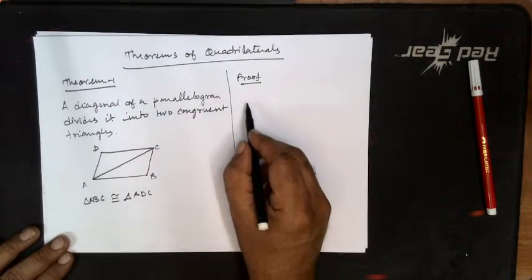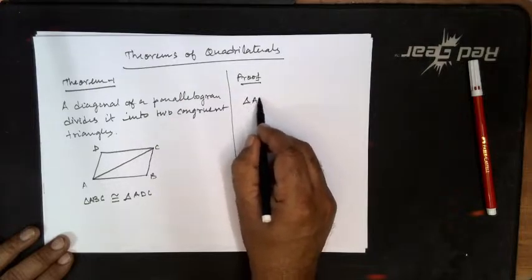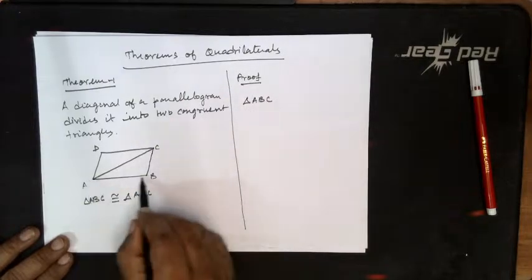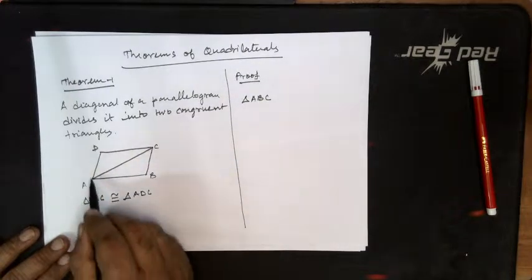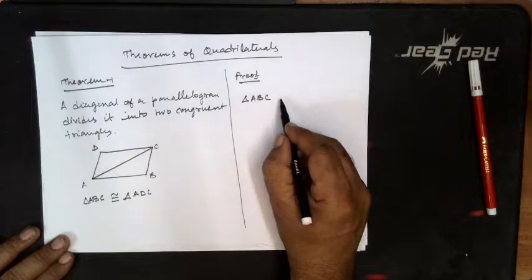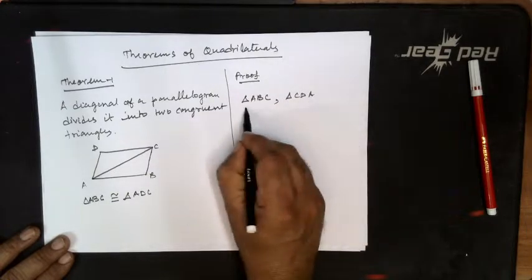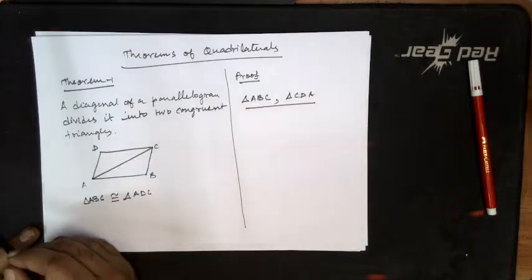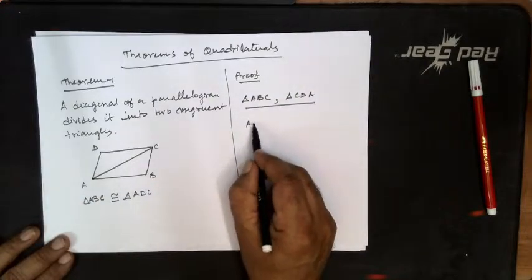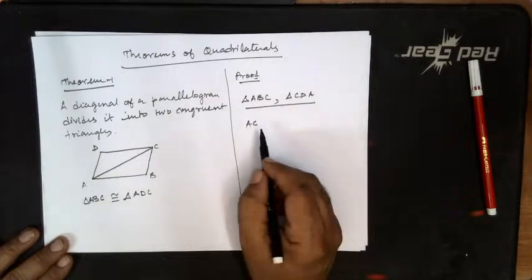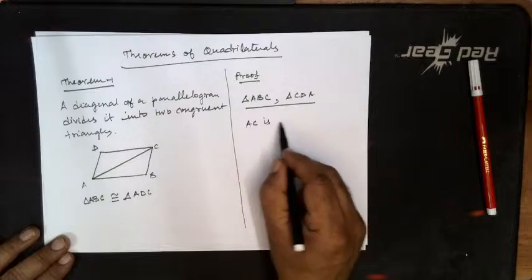So, let us consider triangle ABC, and another one is CDA or ADC, triangle CDA. Now AC is a transversal.